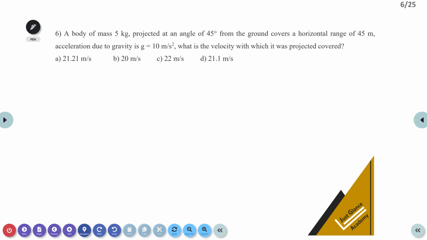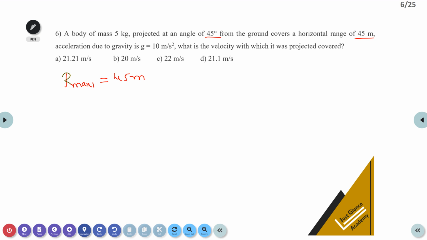What is the velocity with which it was projected? Here, 45 degrees and a horizontal range of 45 meter. It is not just range, it is R maximum. R maximum equals 45 meter. How do you decide R maximum?